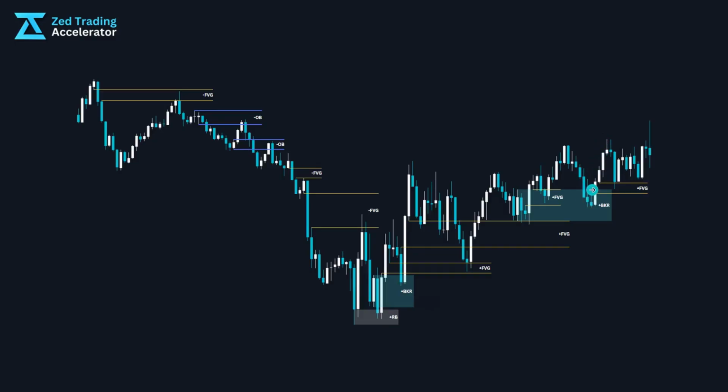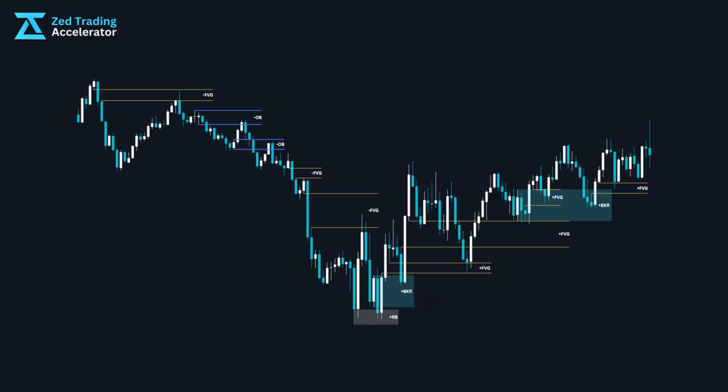We have a fair value gap right here. Price respected this fair value gap and is now trying to continue higher. So, looking at how the price reacts and respects our PD arrays or points of interest can give us an idea already if the price is going to continue or reverse.